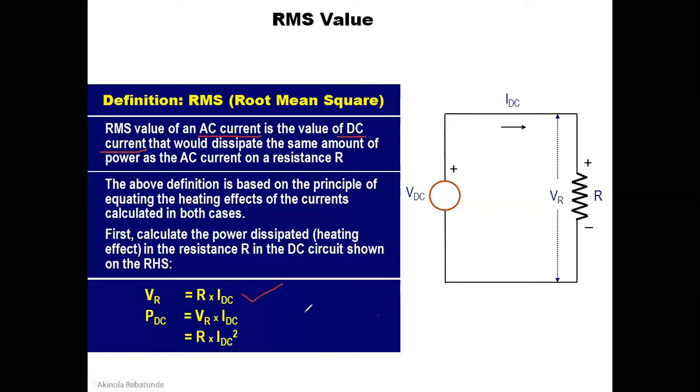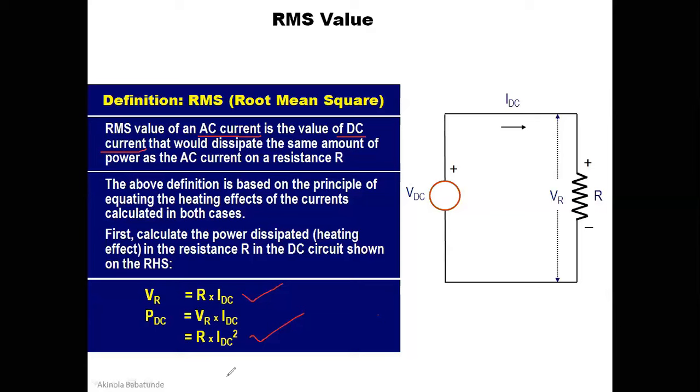This is an equation you're already familiar with. There's nothing strange about it, because we've talked about the fact that power is equal to I squared R before. In this case we're talking about IDC because the voltage source is DC.